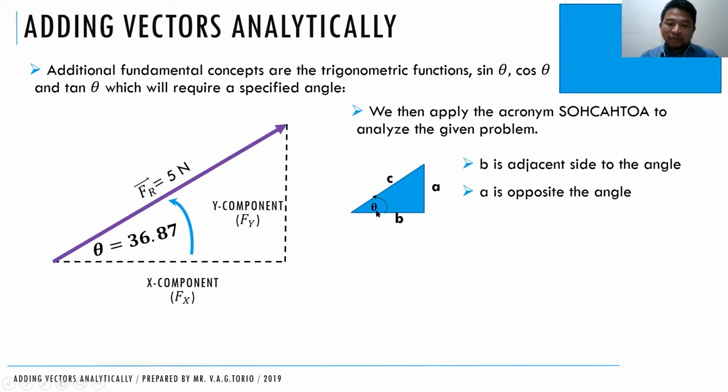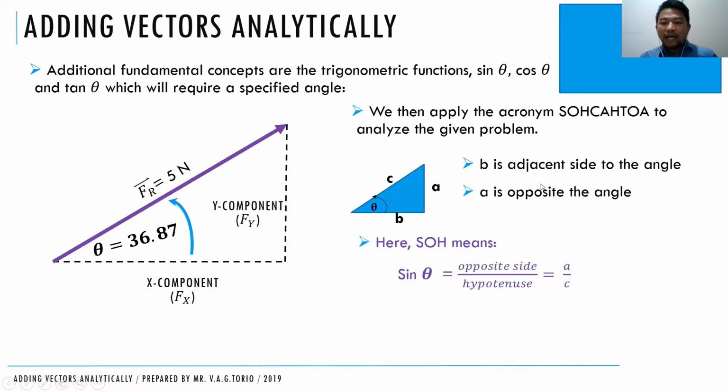A is opposite that of the angle theta. As you can see, that's opposite. So A is labeled as the opposite side to the angle. And now we go back to the basic mnemonic device that we use to memorize the relationship among those that I mentioned earlier.